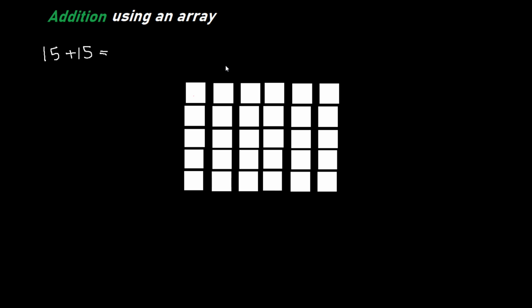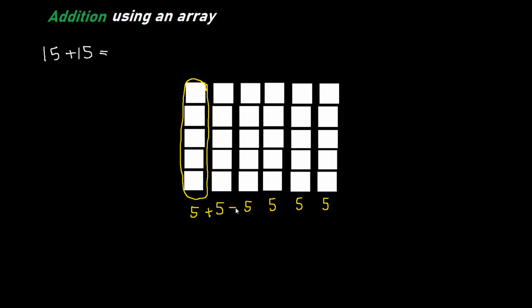Again, our columns are right here, and we have 1, 2, 3, 4, 5 in this column. We know every column is the same height and the same amount, so we can add 5 for every column we have.